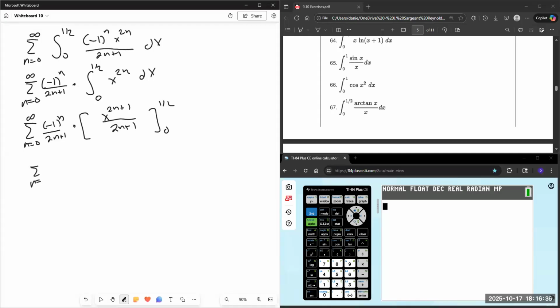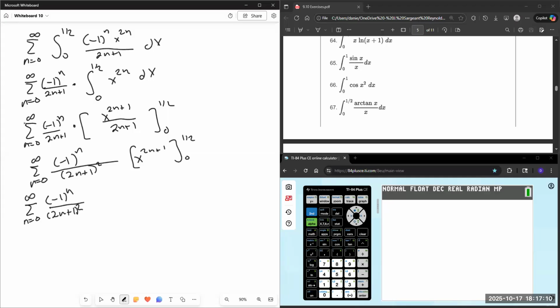This is evaluated from 0 to 1/2. This is the summation n equals 0 to infinity of (-1)^n over 2n plus 1, x^(2n+1), getting evaluated from 0 to 1/2, which is the summation n equals 0 to infinity of (-1)^n over (2n+1) squared times (1/2)^(2n+1).